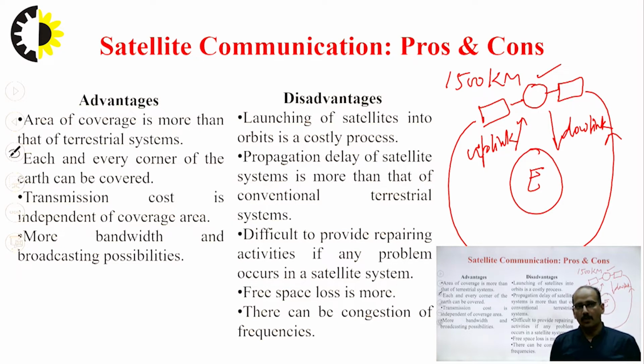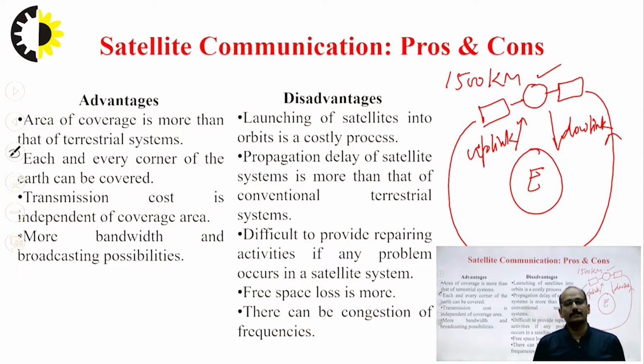As per all these points, we decided the various uses of satellite communication, and as per those uses, we decided the various satellite services: fixed satellite services, broadband satellite services, radio navigation satellite services, and radio determination satellite services.